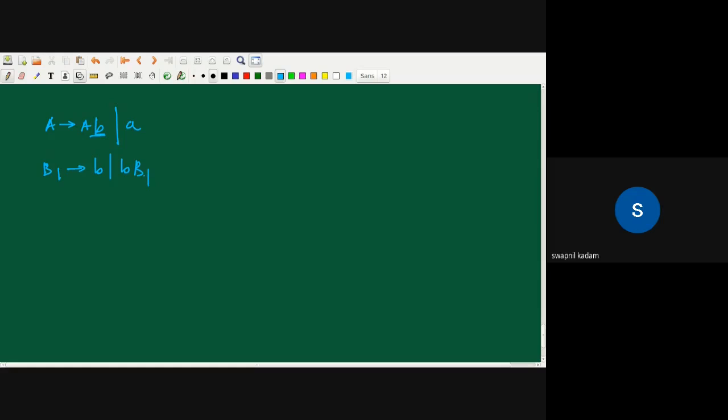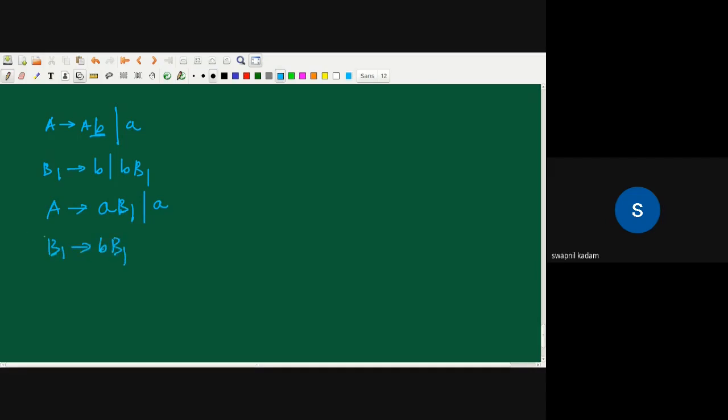As well as I should add one more production, that is the remaining part plus B1 added. After that I should do a substitution like this. A I should put here, and if it is in a GNF format, then I should put here B1, and the rest of the productions as they are.